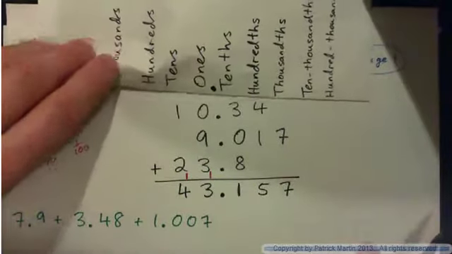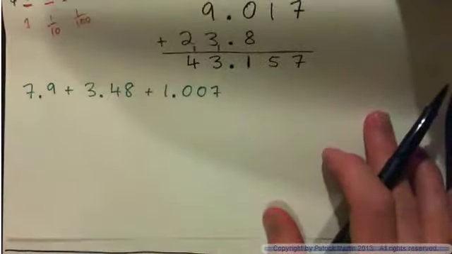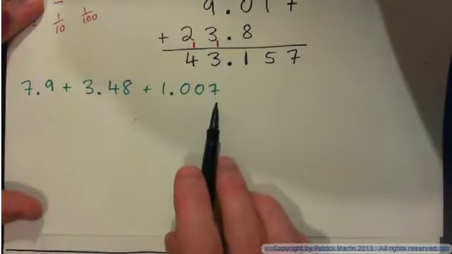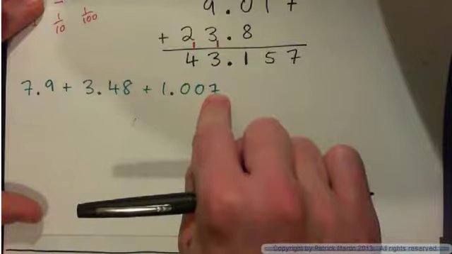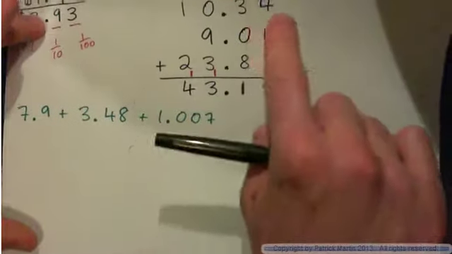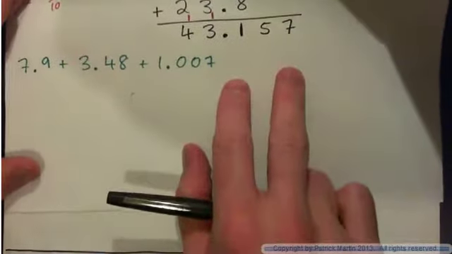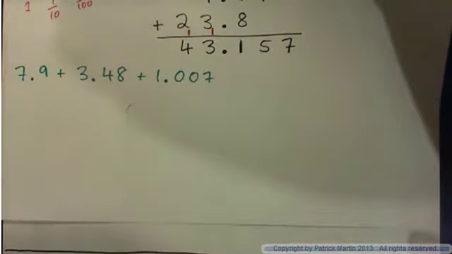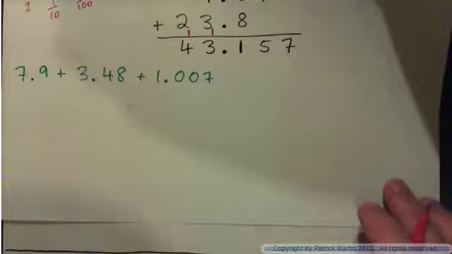So if we had this example here, 7.9 plus 3.48 plus 1.007, can you write this out carefully as an addition, one digit on top of the other? So just write this out carefully. How are you going to write this out? Okay, I'll help you.